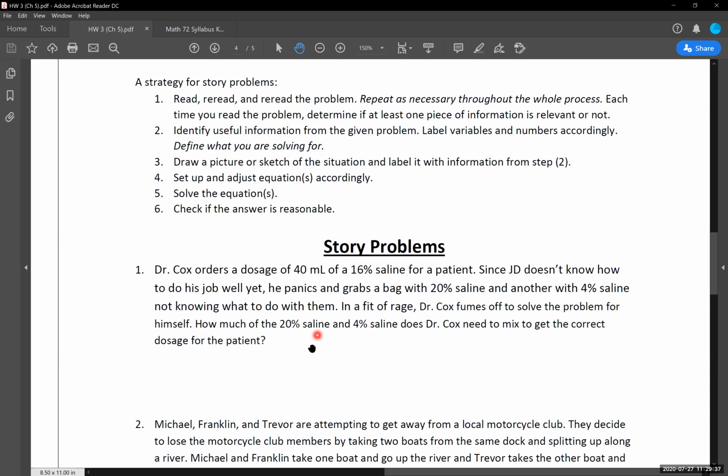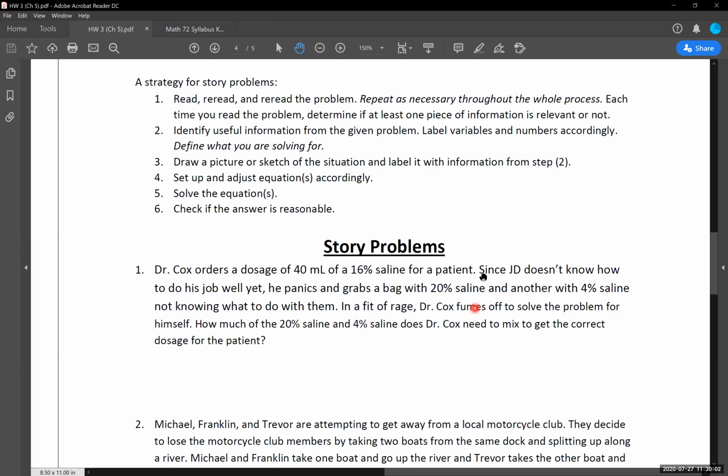with this problem. So how much 20% saline and how much 4% saline does Dr. Cox need to mix to get the correct dosage for the patient? So what are we solving for? How much 20% saline and how much 4% saline are we going to have in total? Or I guess for each of these.